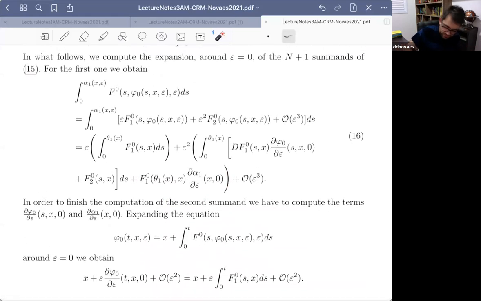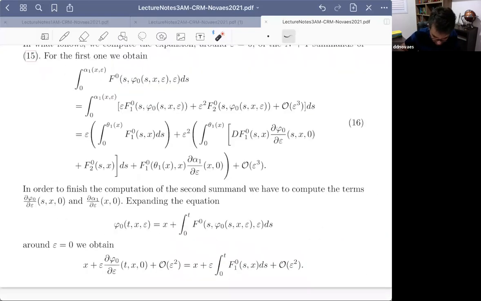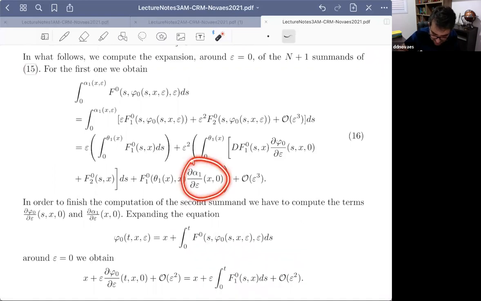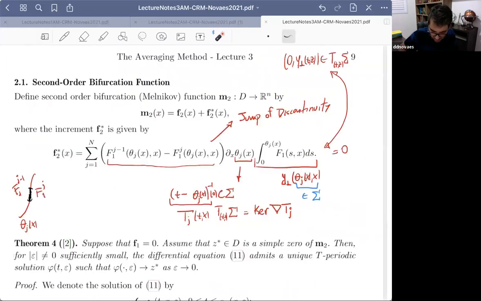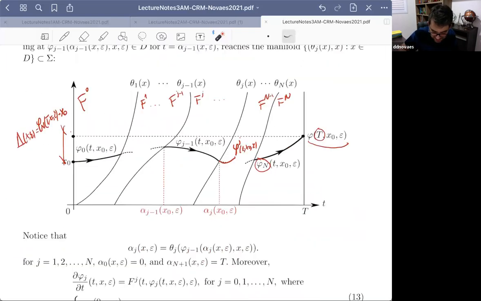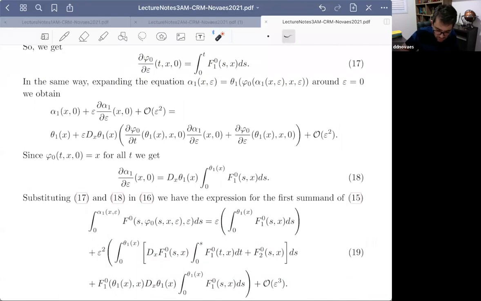The same can be done. Here we have this derivative, and it can be obtained by the relationship that we get for alpha j. With this relationship, we can compute derivatives of alpha j. Doing so, we conclude that this derivative is the derivative of theta 1 multiplied by this integral.